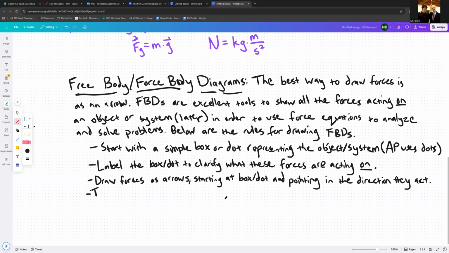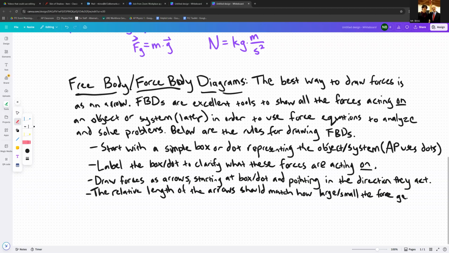Then the relative length, so how long or short a given arrow is, the relative length of the arrows should match how large or small the force generally is.